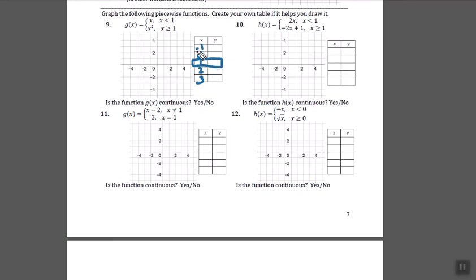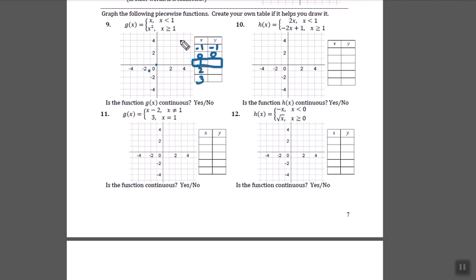So if you take a look at -1 for x, this has to go into the top function here. So x is -1, so the y-coordinate is also -1. You could plot that, -1, -1 right here. Then you have 0. So if x is 0, it still goes into the top. And your y value is 0.